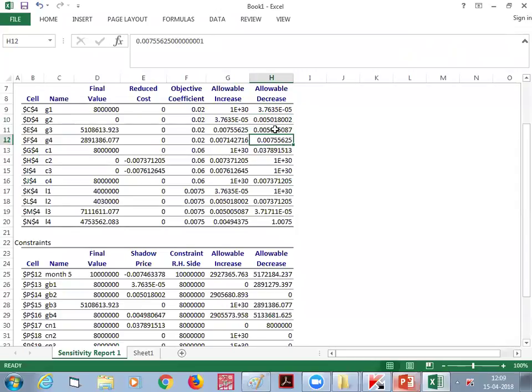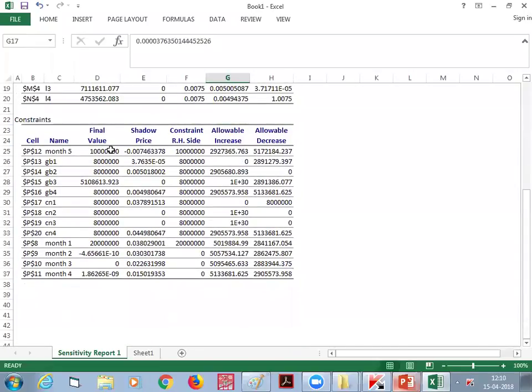G1 especially is quite sensitive. Here also L3, and here also L1. So if local loans become a little more profitable, give a little more interest, it can totally change the nature of our allocation. So we have to be careful.